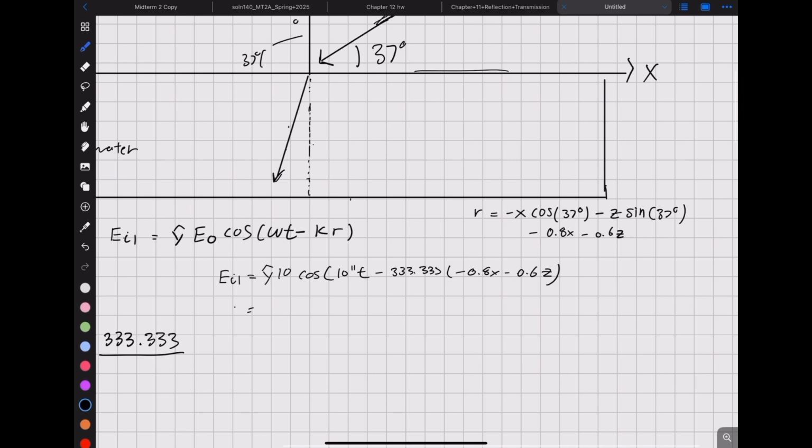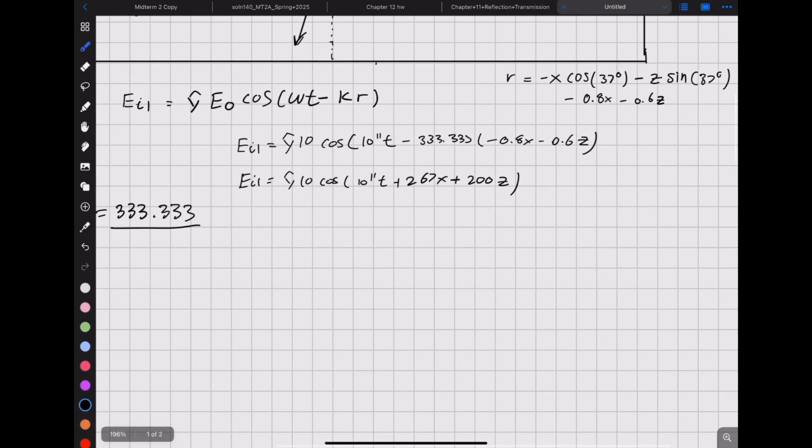Alright, E1 of I is just going to be y 10 cosine 10 to the 11t plus 267x plus 200y. Not y, z.